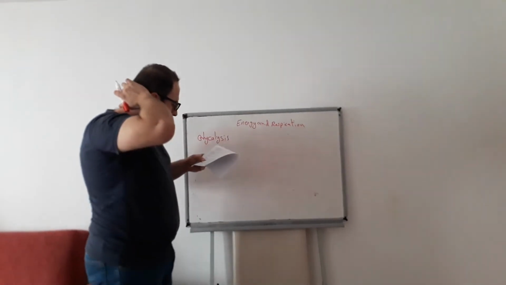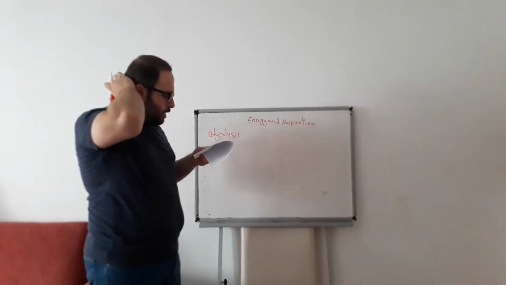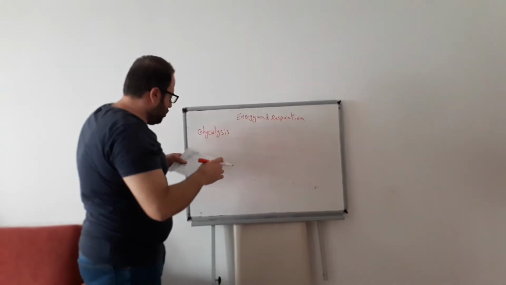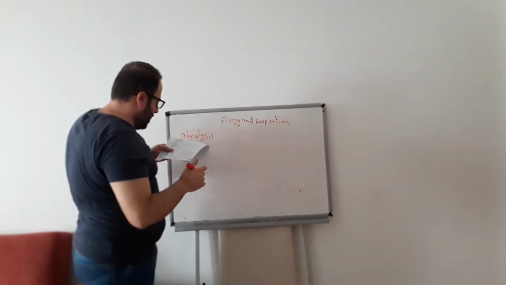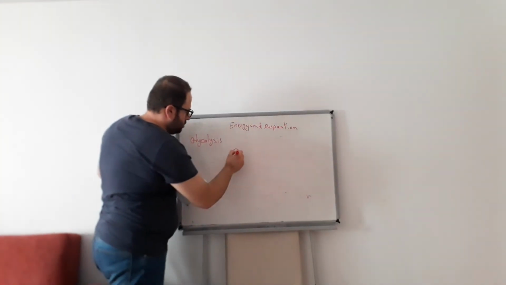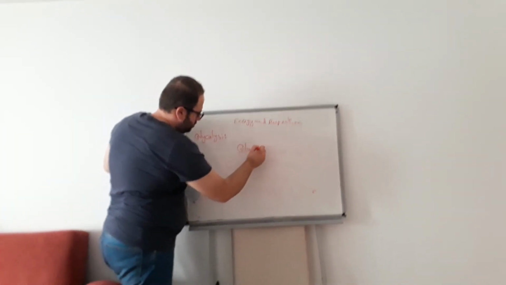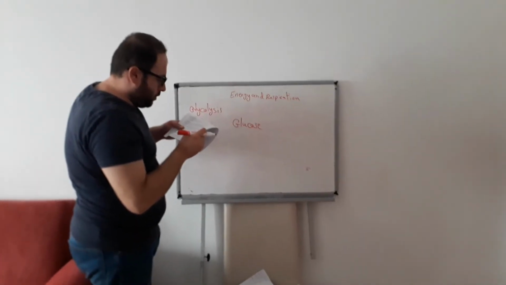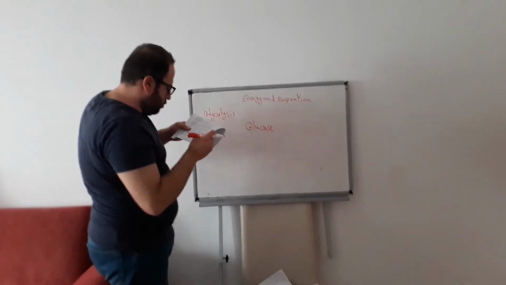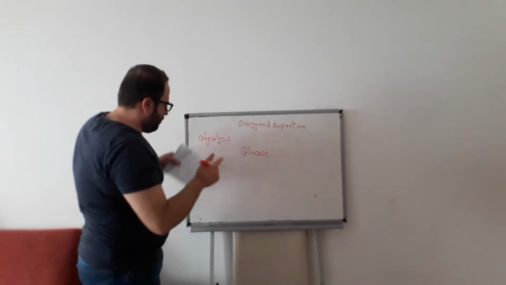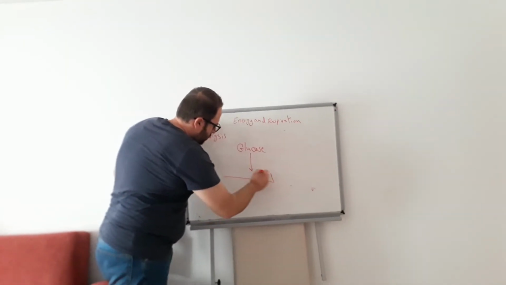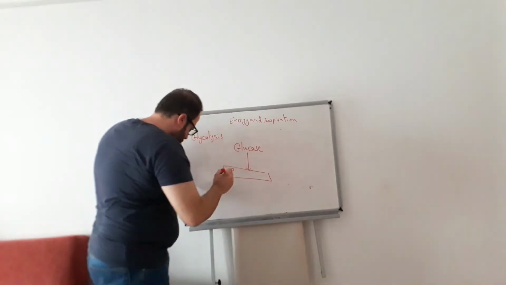It occurs in the cytoplasm of cells. In this process, glucose is phosphorylated to produce two molecules of pyruvate.